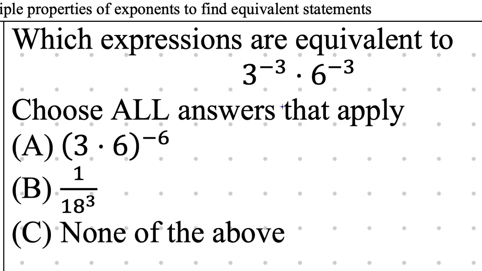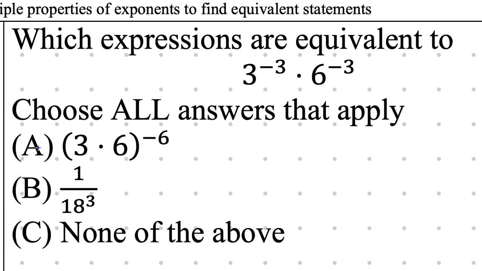Because, well, -3 plus -3 is -6. And I think you're still going to be multiplying the 3 and the 6, but you combine the exponents. Okay. So you're close, but A is actually not an answer.